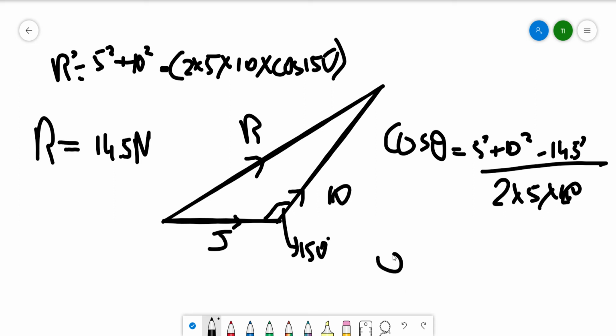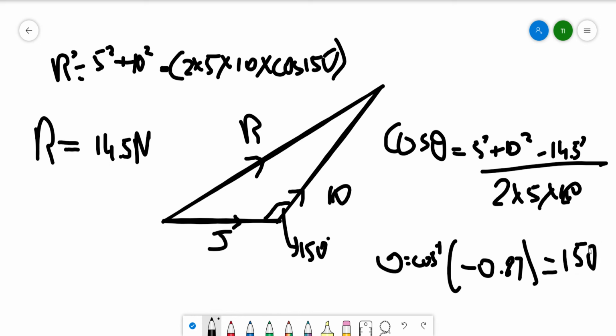So you would get theta is equal to cos inverse minus 0.087, which would give you 150. I hope you understood. So that is the second and third, and it's most handy in my opinion. Please make sure that your forces are aligned head to tail.